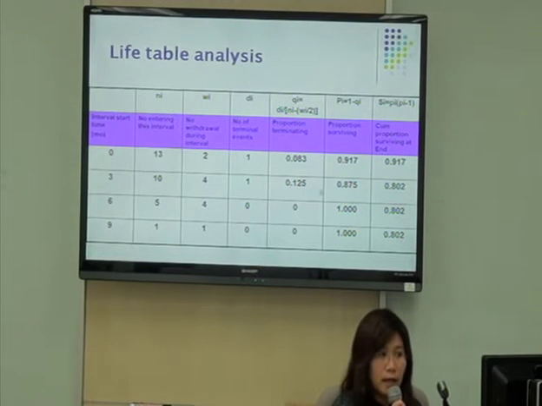So again, PI for this interval is 0.875, because PI equals 1 minus this number. But right now, you got the second interval, right? So the cumulative probability here is equal to this number multiplied by this number. Okay.